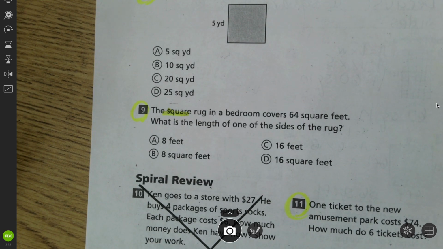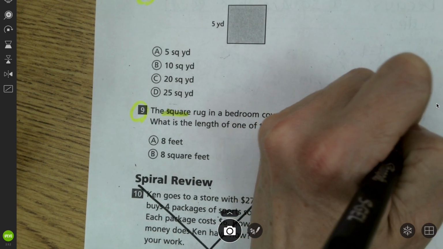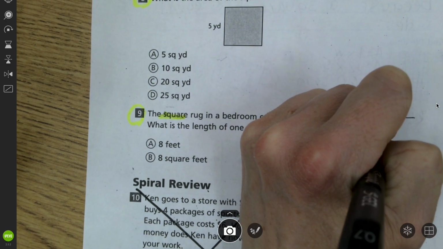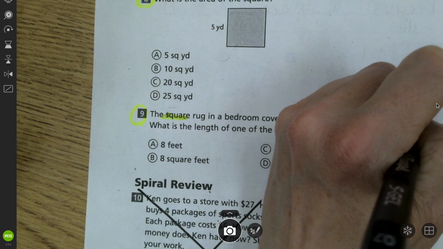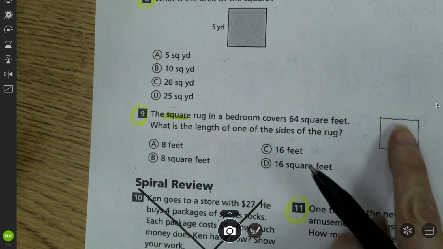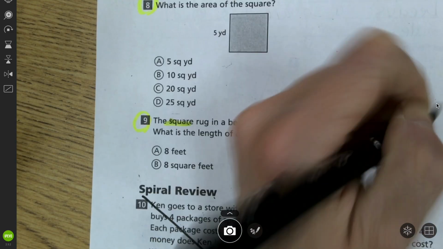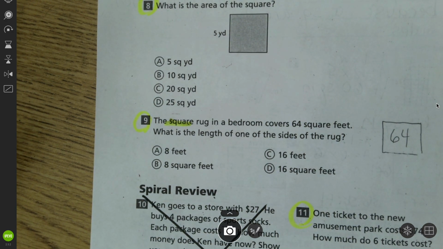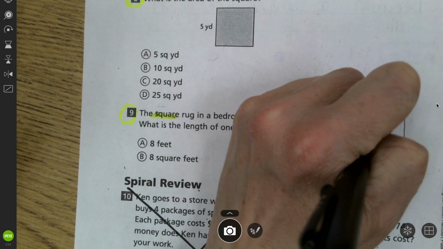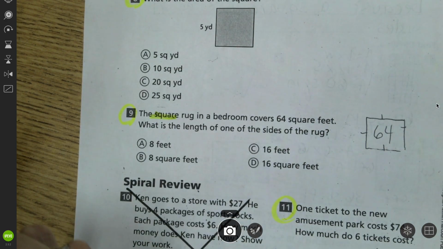This is good. So listen. This actually gives you the area. I'm curious to see who's going to get this. You have a square rug, and inside the area is 64. Okay? In a square, all sides are equal.